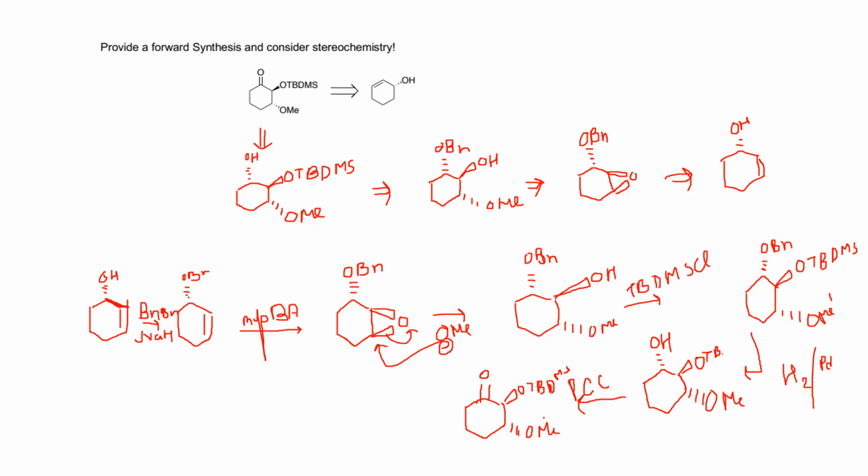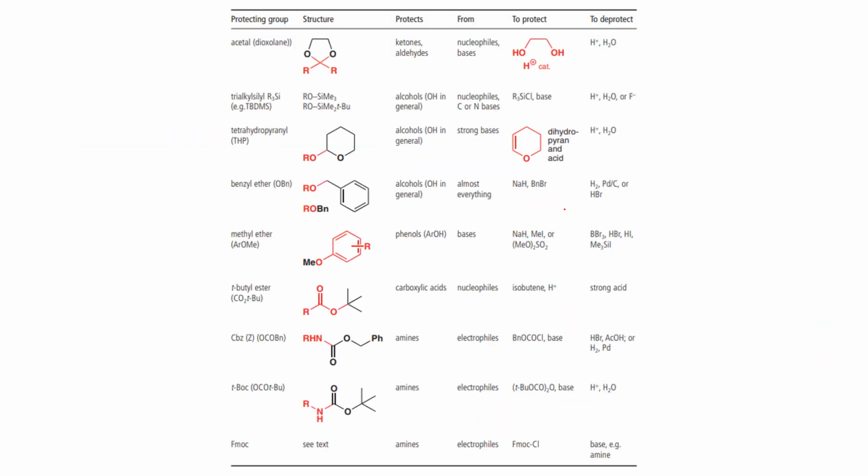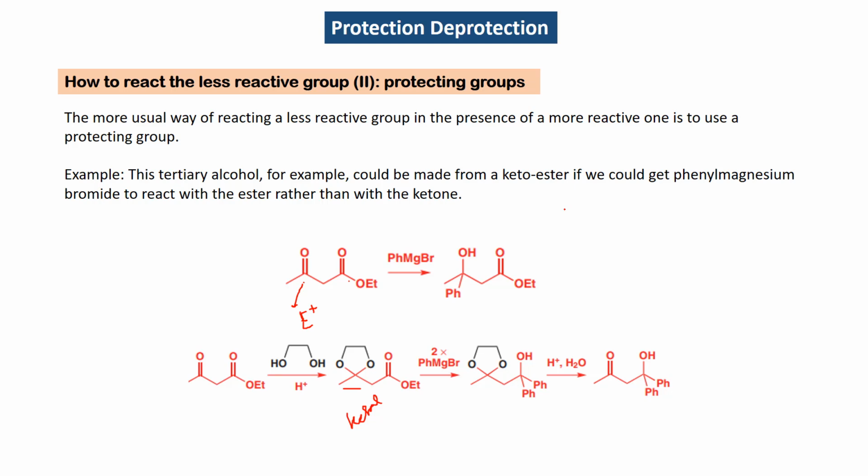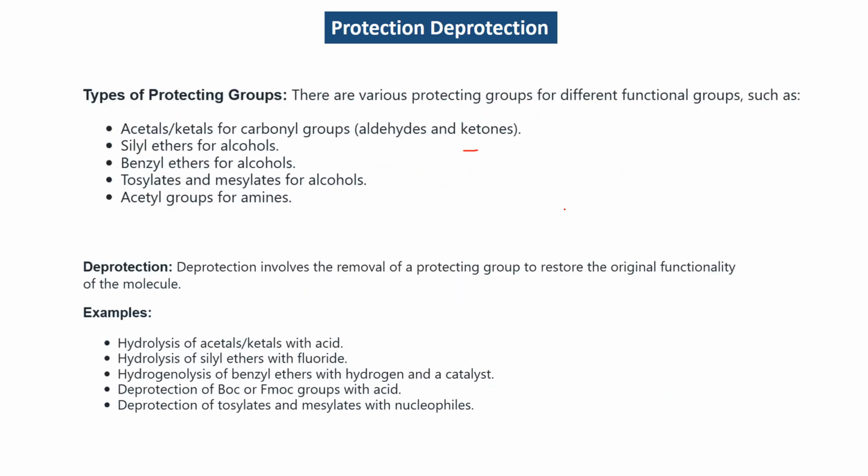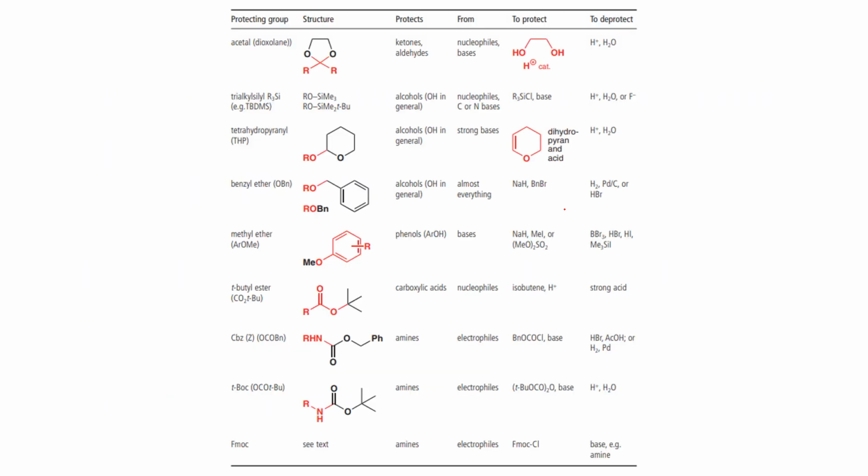Okay, understood. So what we have learned today? We have learned about deprotection, how we can protect a single functional group, and by using a specific deprotecting reagent, how we can deprotect that. Then we discussed all the different types of protecting reagents.